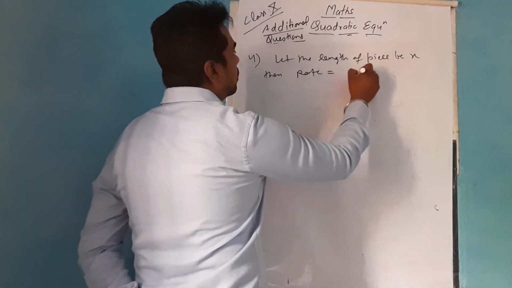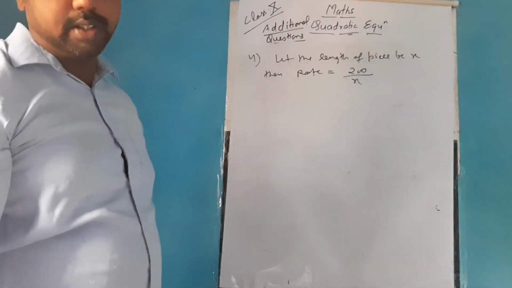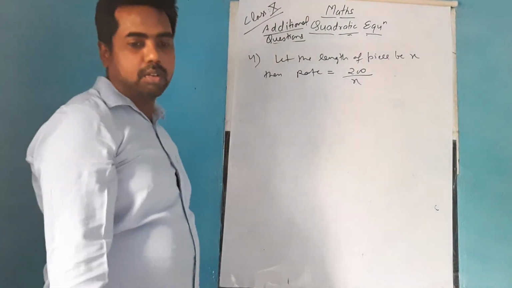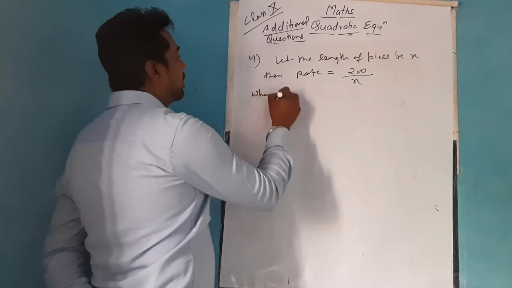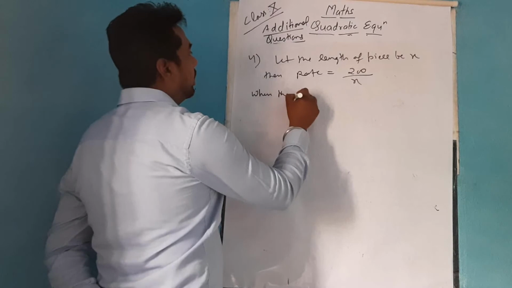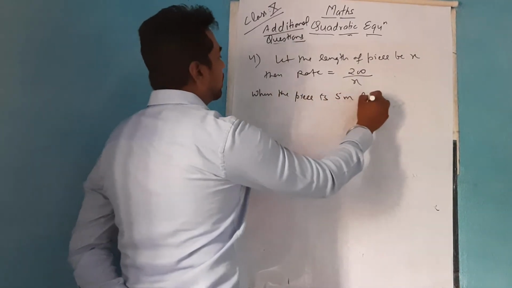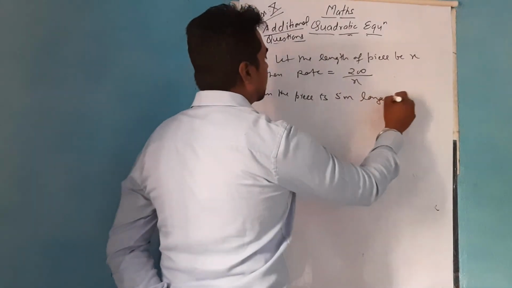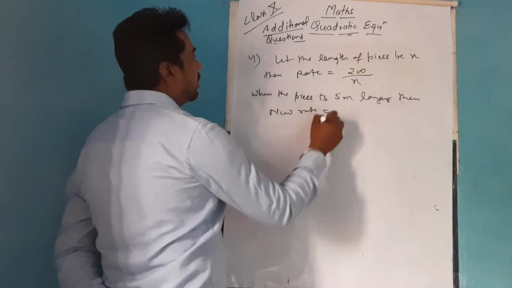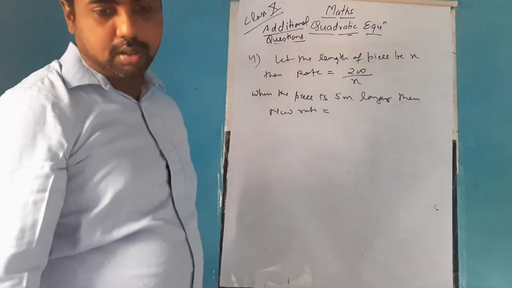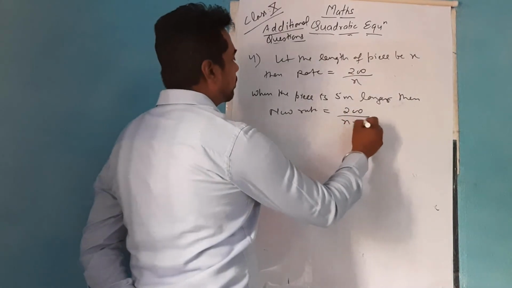Now it says that when the piece is 5 meter longer, the new rate will be 200 by x plus 5.